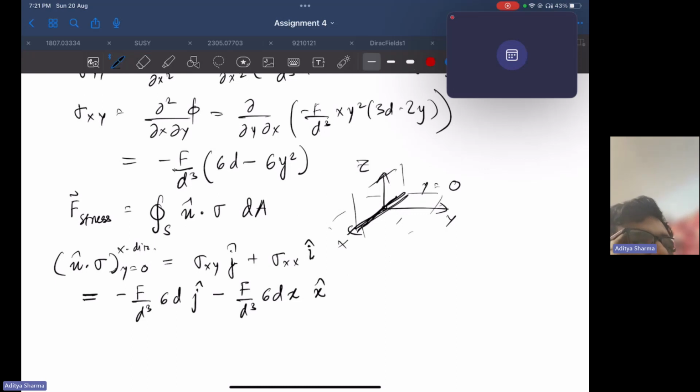And this is this thing. If you want to find the total force between some length minus L and L, and in the z direction as such, you will have to integrate over that area. And it's as simple as it is.